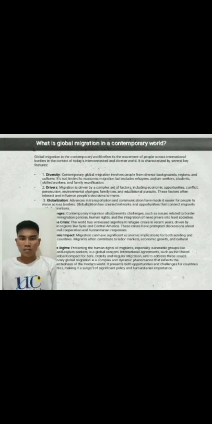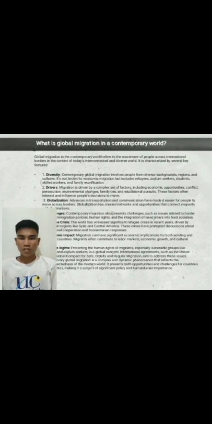Global migration in the contemporary world is the phenomenon where people move across international borders, seeking better opportunities and circumstances.